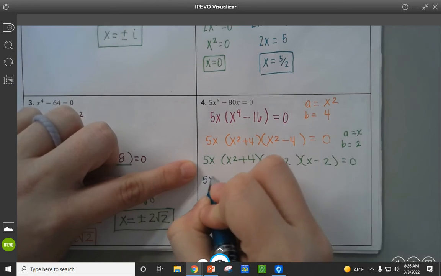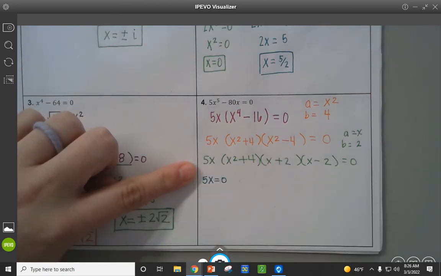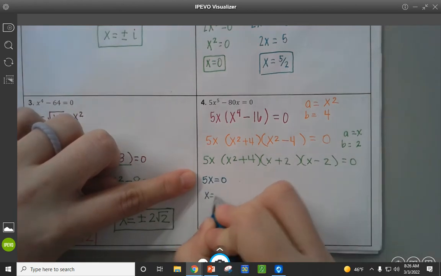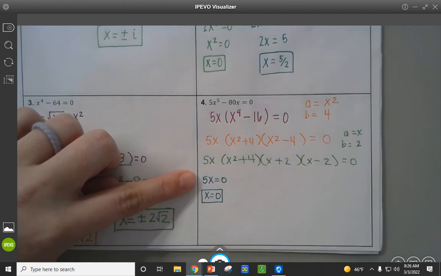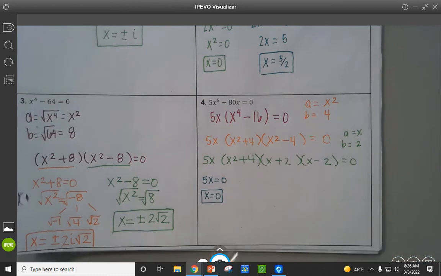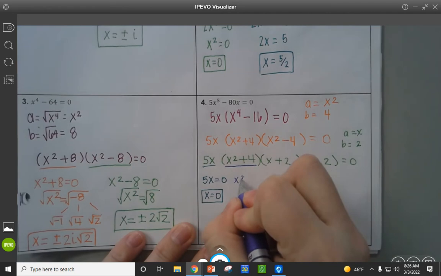If I set 5x equal to 0, and I divide by 5, what is x? 0. And then we have x squared plus 4.